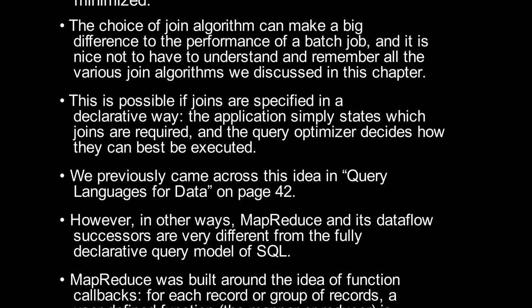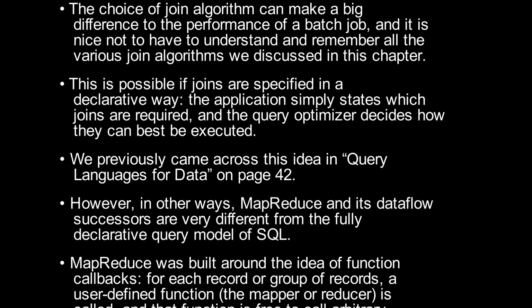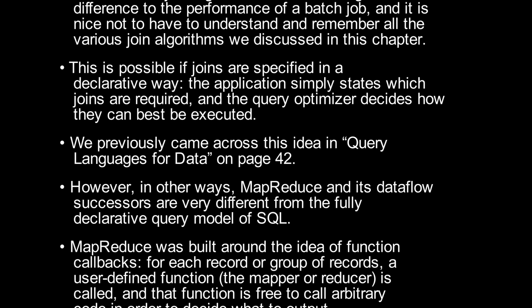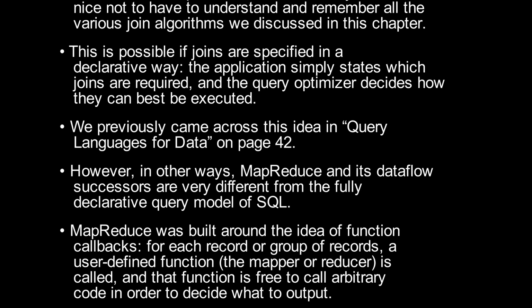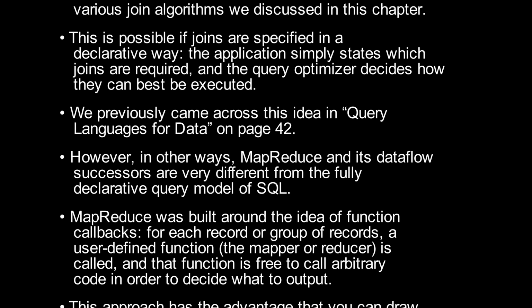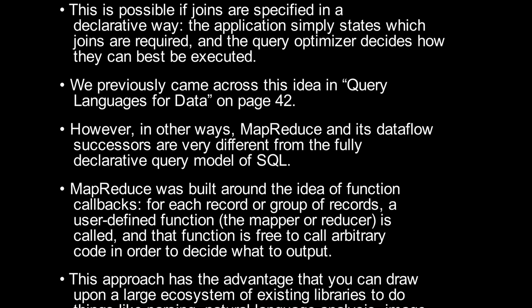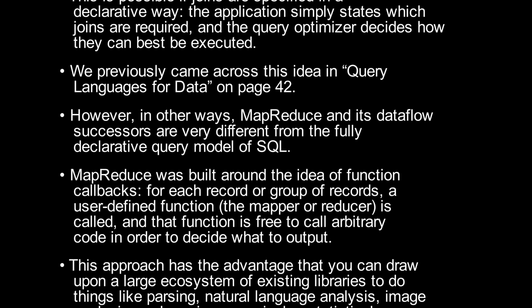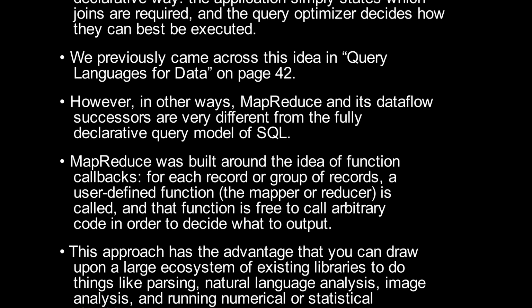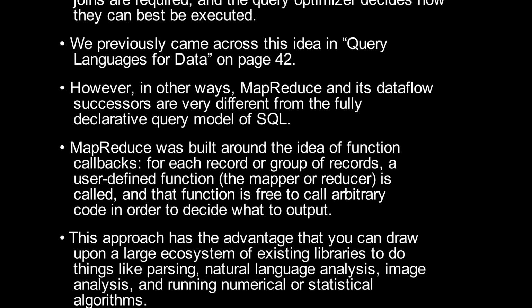However, in other ways, MapReduce and its dataflow successors are very different from the fully declarative query model of SQL. MapReduce was built around the idea of function callbacks. For each record or group of records, a user-defined function, the mapper or reducer, is called, and that function is free to call arbitrary code in order to decide what to output.